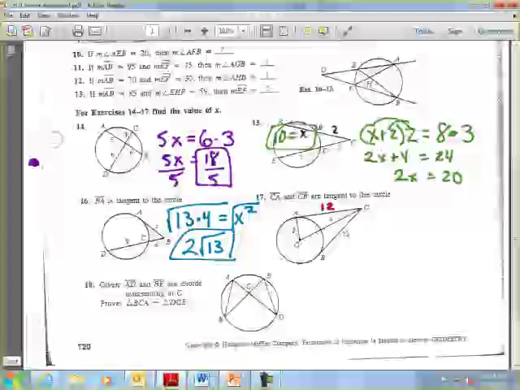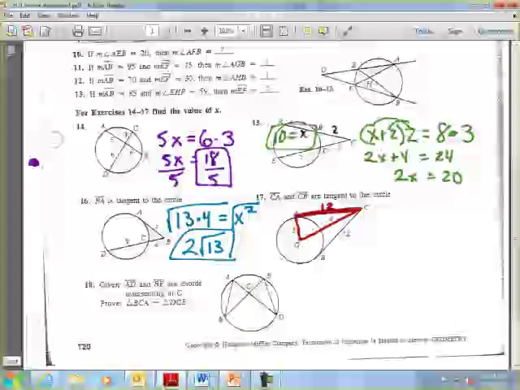So now, I have a triangle here. I know I have a 5, I know I have an X, and I know I have a 12. What kind of a triangle is that? It is a right triangle. How do I know it's a right triangle?